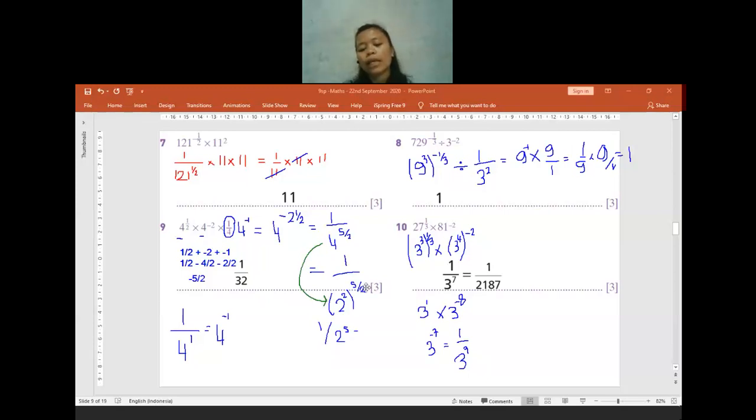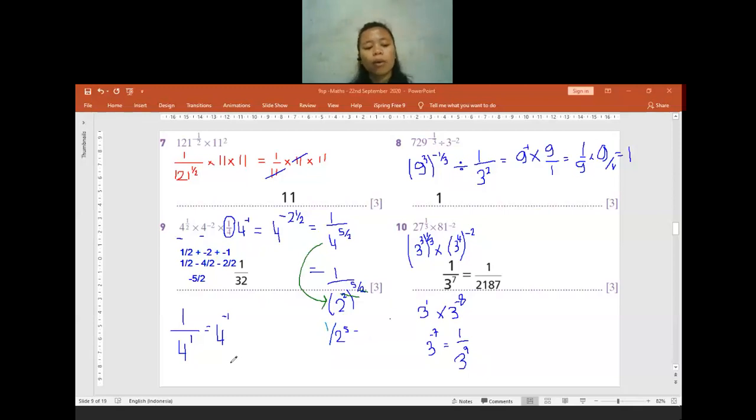After that, because the number 4 is getting a power of 5 per 2, it means the 2 to the power of 2 will also get a power of 5 per 2. Power meet powers, we do times, so we can cancel the number 2 in here, because 2 times 5 per 2, we can cancel the 2. So now we only have 1 per 2 to the power of 5.